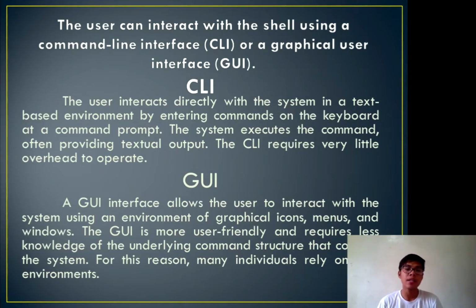A GUI allows the user to interact with the system using an environment of graphical icons, menus, and windows. The GUI is more user-friendly and requires less knowledge of the underlying command structure that controls the system. For this reason, many individuals rely on GUI environments.